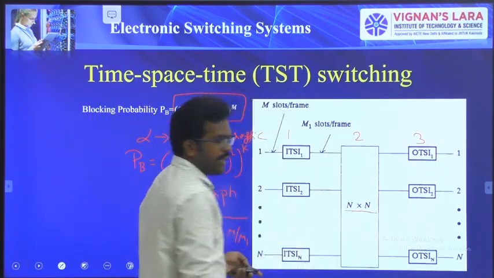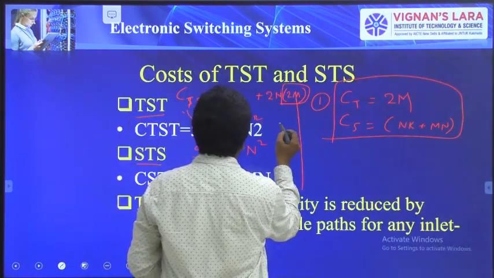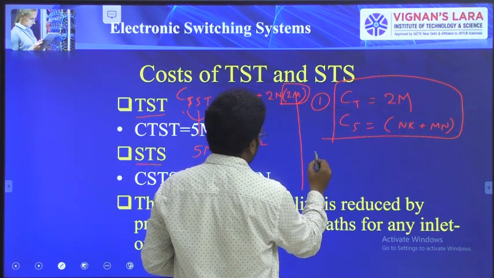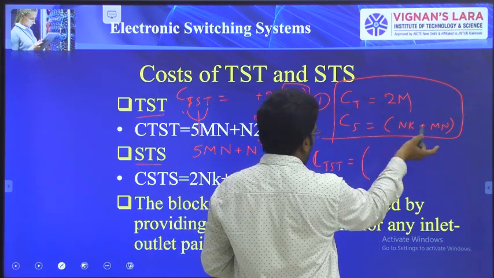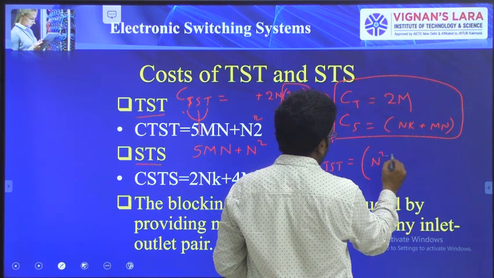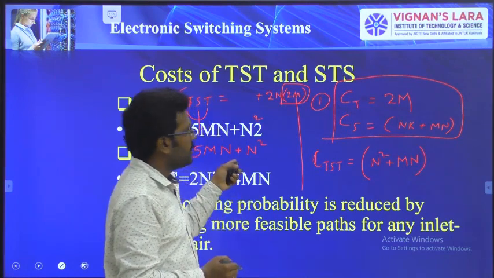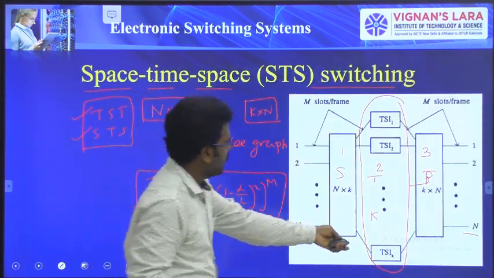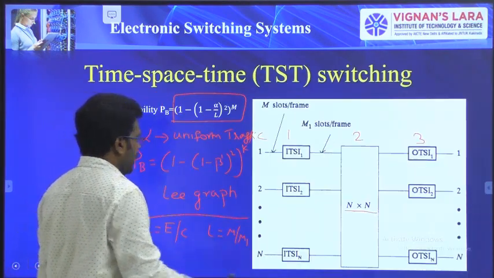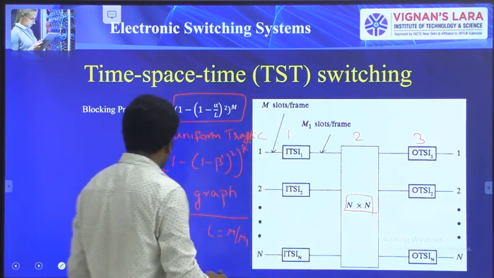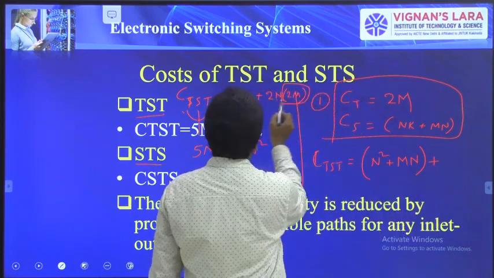It is N cross N, so it should be N squared. Therefore C_TST is equal to, for the space switch, N squared plus MN, plus the time switches, 4NM.